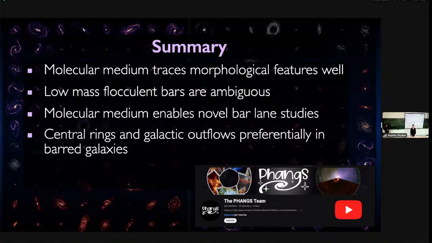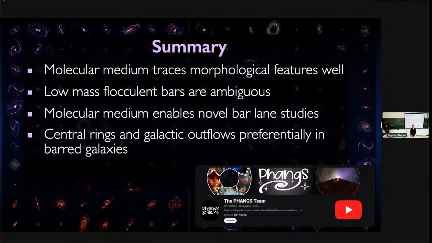That would maybe lead to some missing structure. That's a good question. Can you repeat the question for the people that are online? Sorry. Yes, the question is whether, due to the interferometer, we're missing some diffuse emission, so that we would see bars that right now we don't see in the data.